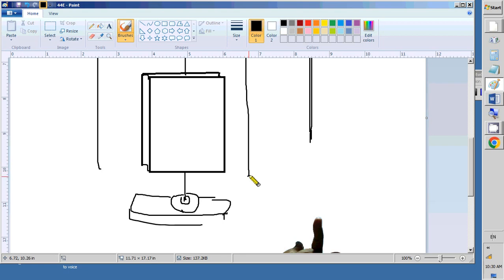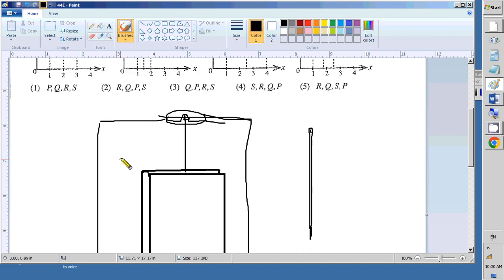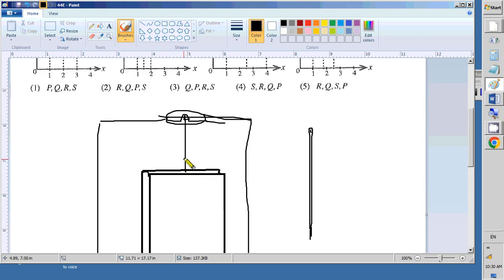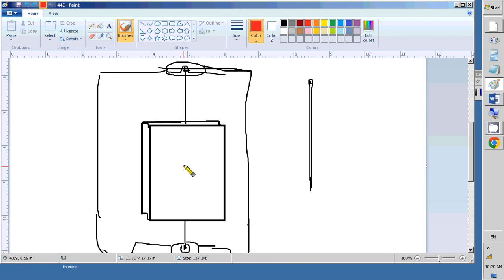So now this eraser can be rotated very easily because there is no friction here and there. Easily this eraser can be rotated clockwise, anti-clockwise.